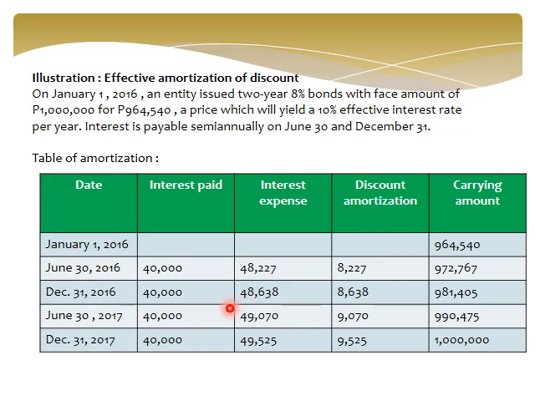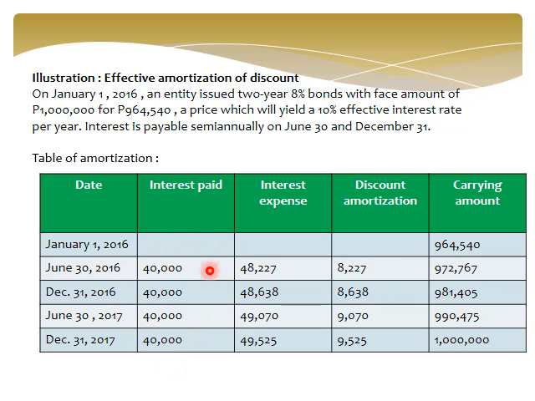So, we have interest expense of 49,070. So, try to compute using your basic calculator. The difference between the interest paid and the interest expense is 9,070.